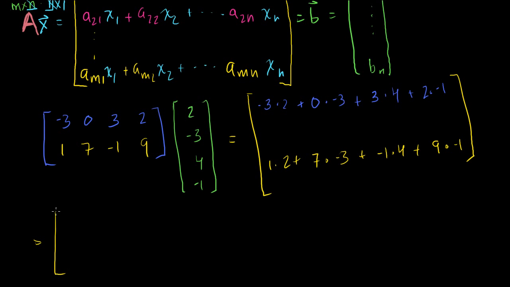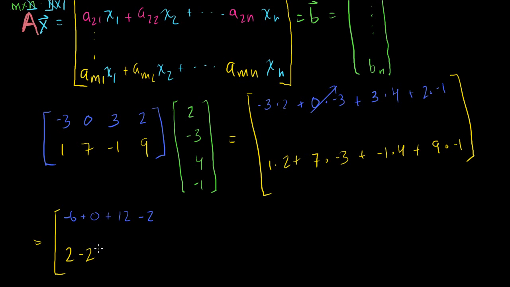This is equal to -3 times 2 is -6, plus 0, plus 12, minus 2. And then this is simplified to 2 minus 21, minus 4, minus 9.